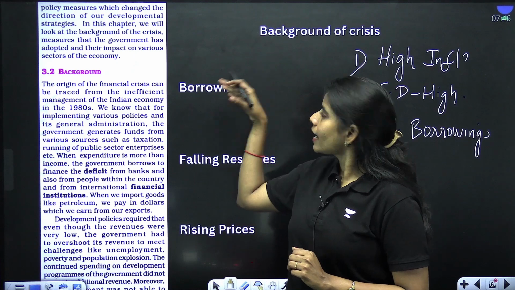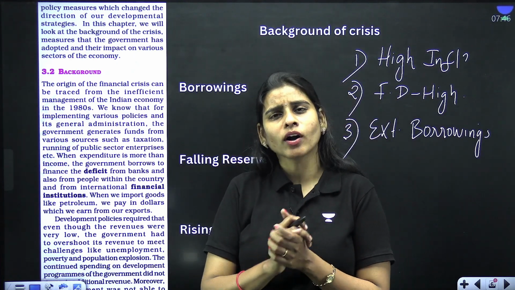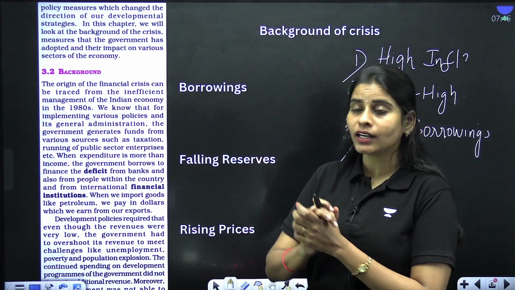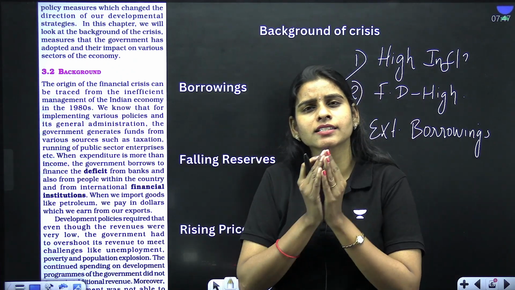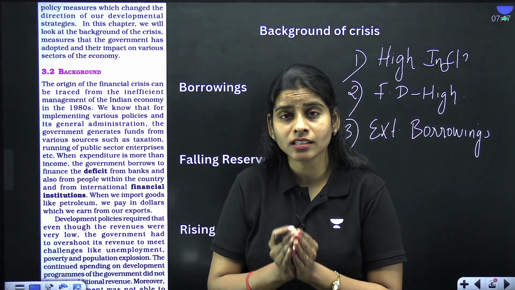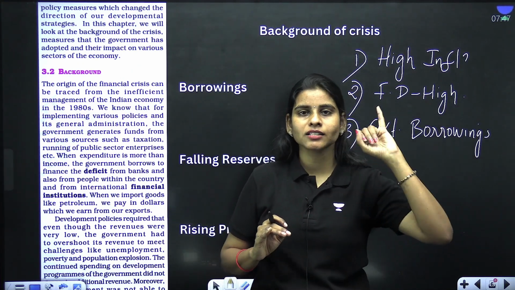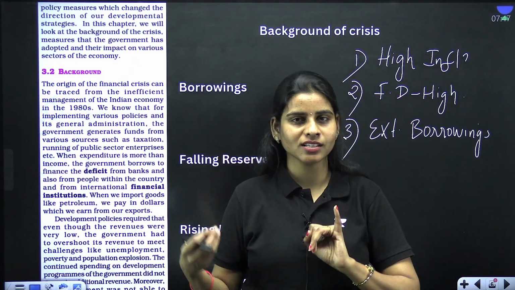Now coming back to the economic crisis of India in 1991. What were the major reasons for it? First, we will start with borrowings. The government had excessive external borrowings and was not able to repay them. That is the first thing you have to remember. We will come to why it borrowed in a while.